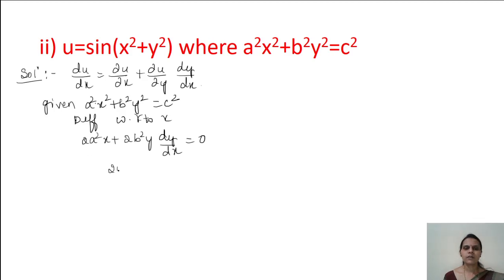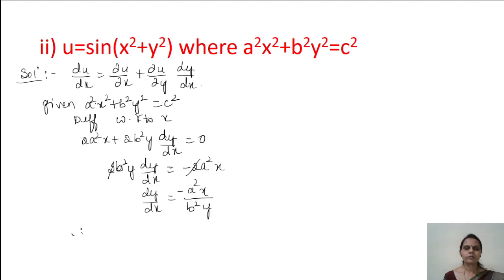So now simplifying this, we get 2b square y into dy by dx is equal to minus 2a square x. 2 gets cancelled. So therefore dy by dx is equal to minus a square x divided by b square y.